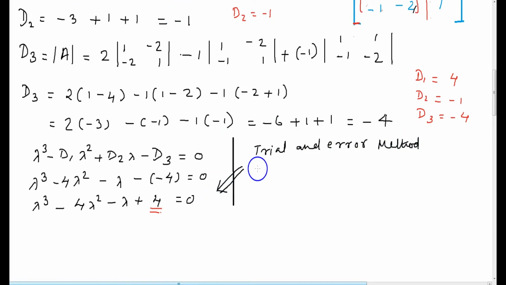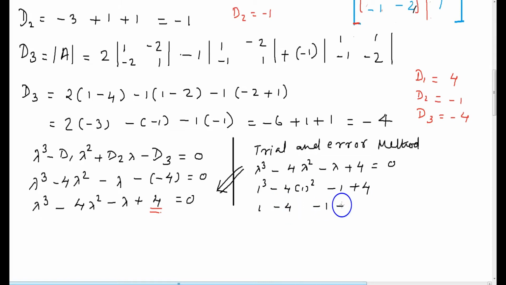Then lambda cube minus 4 lambda square minus lambda plus 4 equal to 0 becomes 1 cube minus 4 into 1 square minus 1 plus 4, which is equal to 1 plus 4 is 5, minus 4 minus 1 equal to minus 5, which is equal to 0.